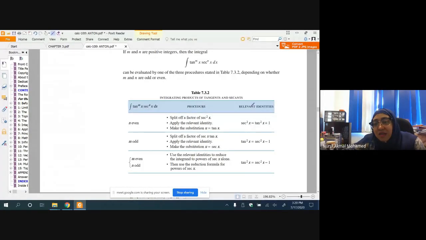This identity here is just from the first identity: sine squared x plus cos squared x is equal to 1.